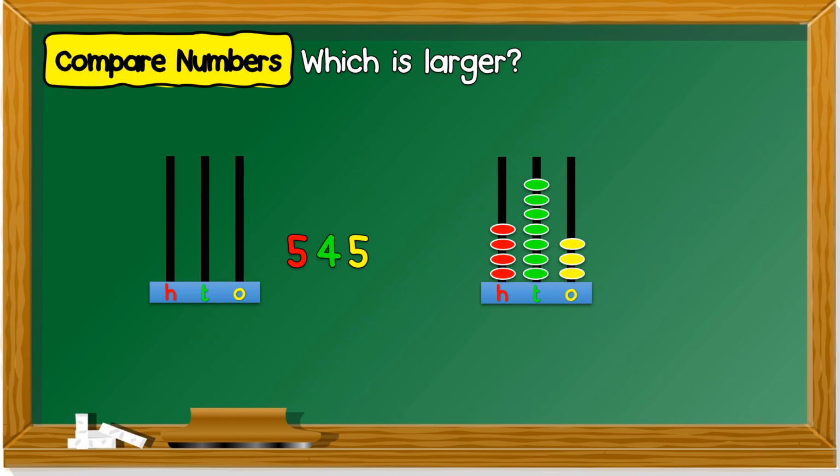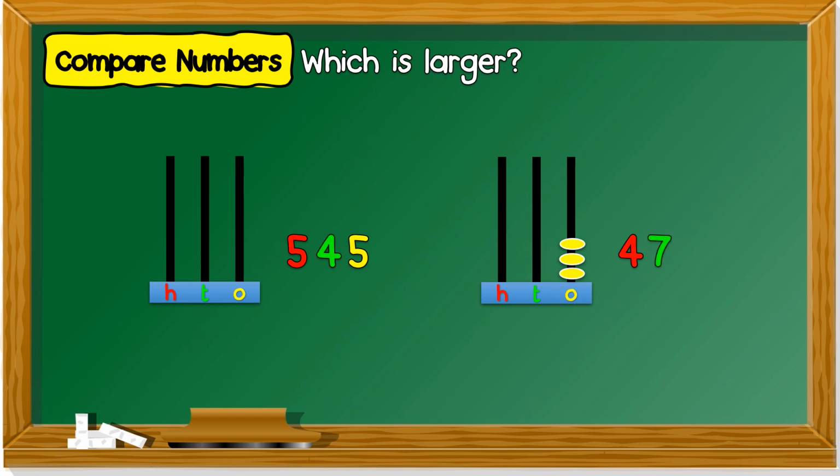We look at the one on the right side. How many beads of 100? Count. 1, 2, 3, 4. Beads of tens. 1, 2, 3, 4, 5, 6, 7.